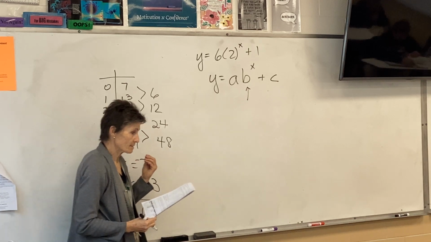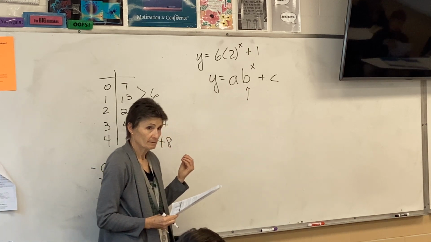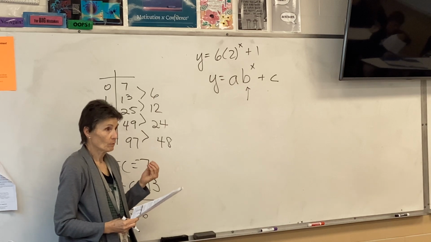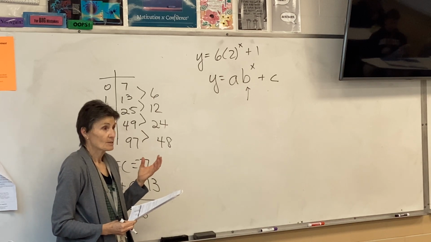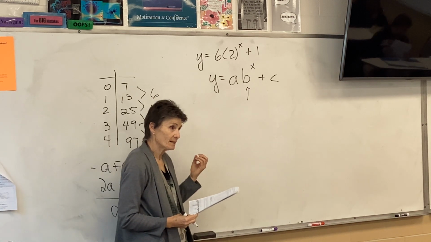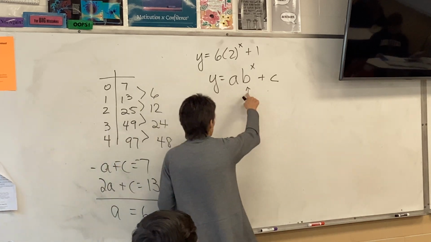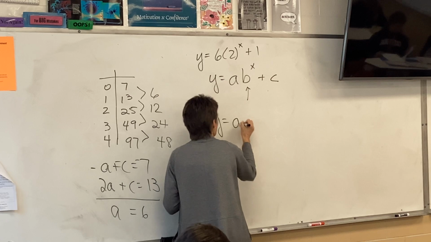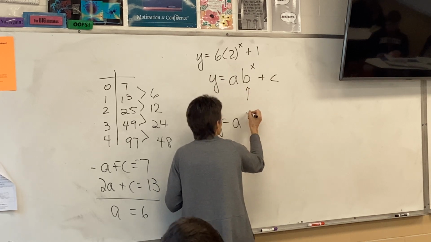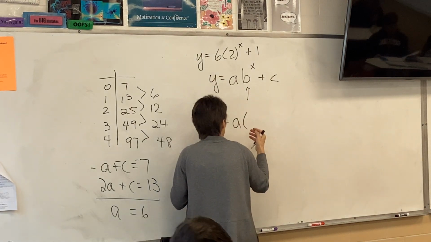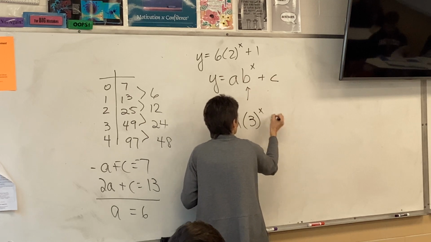What are your differences? 8, 24, 72, okay. So what's happening? They're all being multiplied by 3. So this guy right here, your ratio, your base, your proportion number is 3.